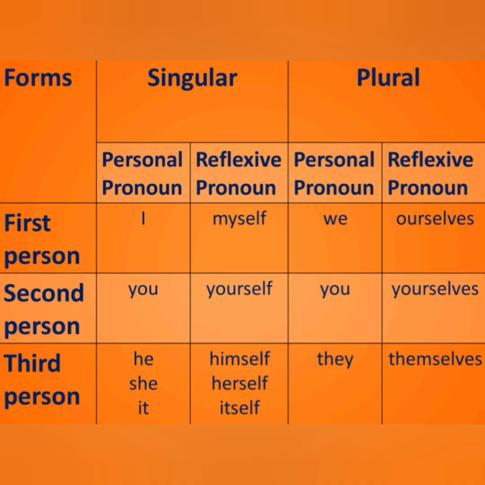Take a look at this table. First person singular personal pronoun is I. First person singular reflexive pronoun is myself.